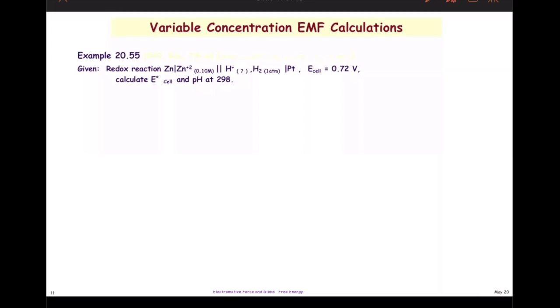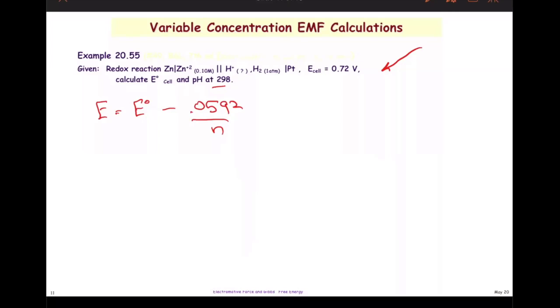But what does a voltage reading have to do with pH? It's this problem right here. This is how you relate voltage reading to the pH. And it goes back to this equation, E equals, we're using 298, so I'm going to use the shortened version of the Nernst equation, E0 minus 0.0592 over n. This is a 2-electron transfer.